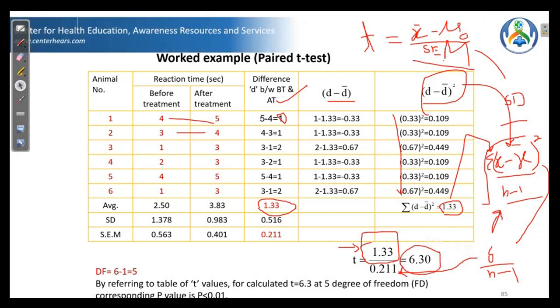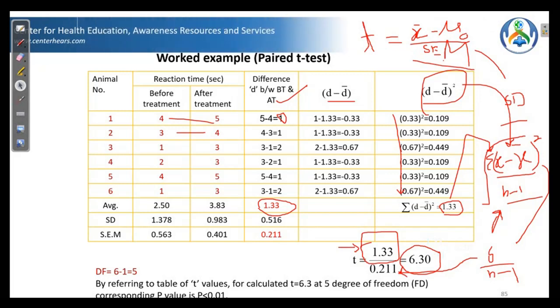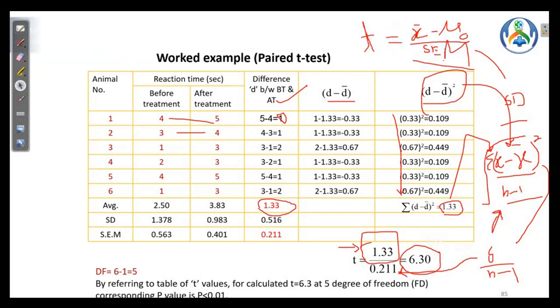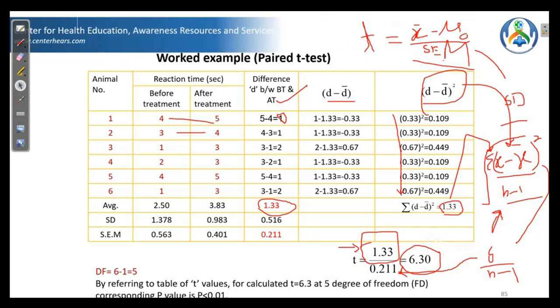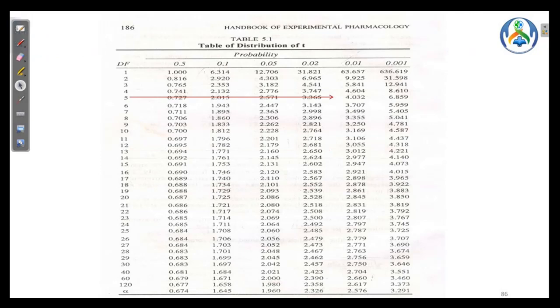Now this T value is not going to tell anything. We have to look at this 6.30 in the T table under the degree of freedom. The degree of freedom is 6 minus 1, that is 5. In this T table, first you go for the degree of freedom 5, then you go for where your value lies.